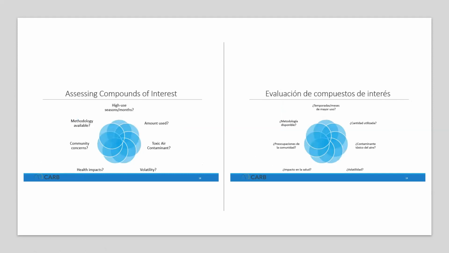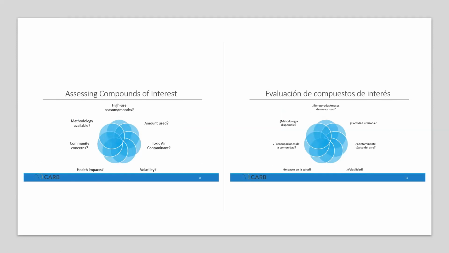In terms of assessing compounds of interest, we're looking at a variety of different things. This isn't the whole list, but these are things we can consider. In terms of timing, we want to look at the high use months or seasons. How much is being used in the community? Are these compounds toxic air contaminants?